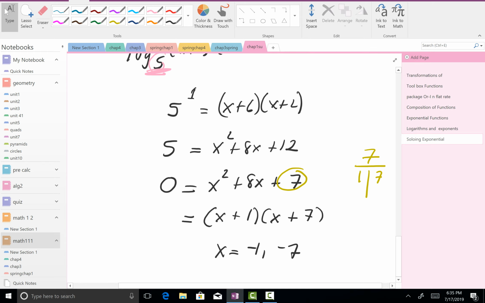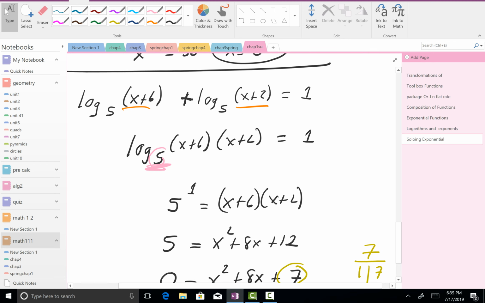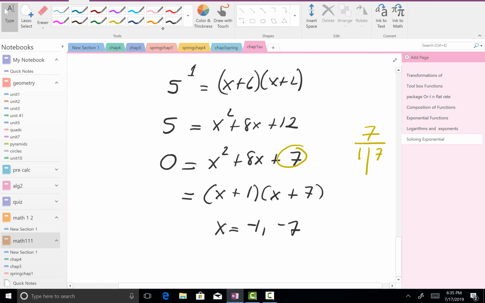So I'm going to scroll back up and see if I have any issues when I put -1 and -7 in there. -1 is okay here, and -1 is okay here. I get both positives. But if I put -7 in this one or this one, we get negatives. So we throw out the -7, and the -1 is the answer. We're going to cross this one out, and that's the one we want.